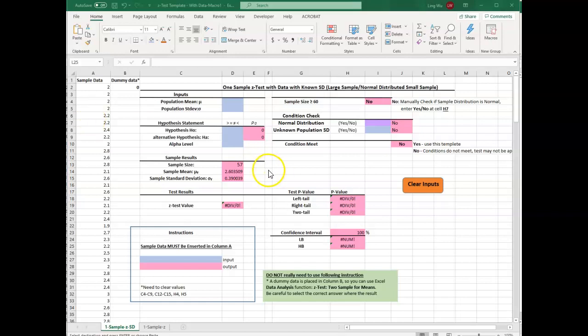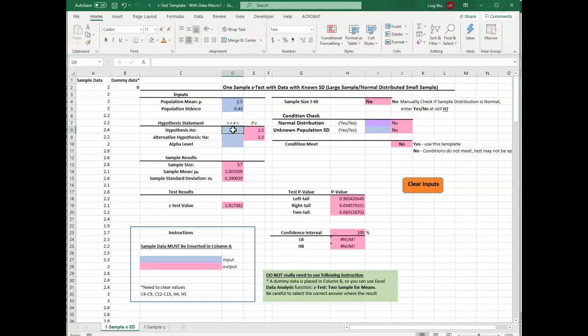So we need to fill in some values here. The population mean we test against is 2.5. The sample mean here is 2.6. We just want to see if this one and this one agree with each other. And also the population standard deviation is 0.43, which is given in the question.